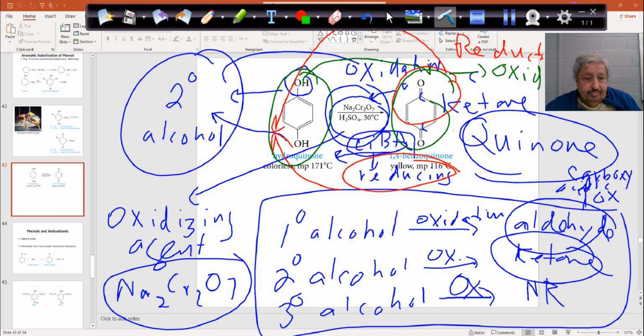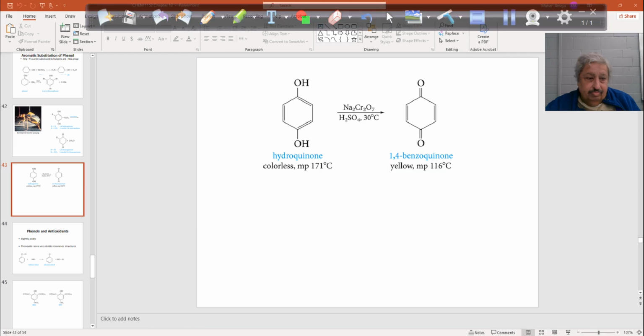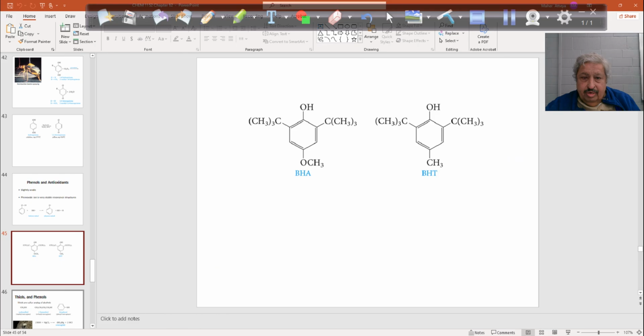This is another type of naming here. We have tertiary here. It's methoxy, and here tertiary alkyl groups, two of them.